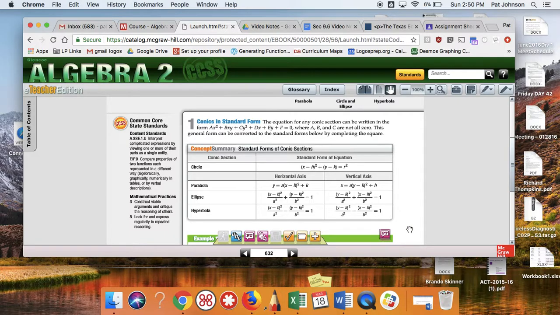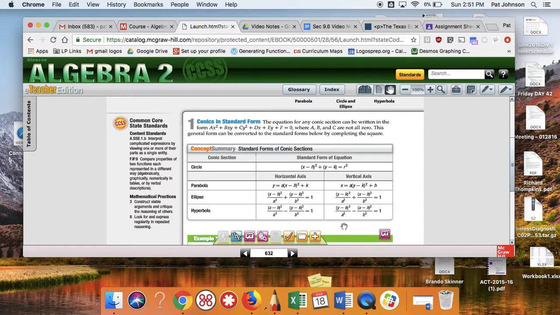Now, it's important to note on the ellipses that A is always going to be the greatest between A and B. A is always going to be bigger than B. On a hyperbola, it's sometimes, not always, that A is greater than B. So it's important to make that difference.